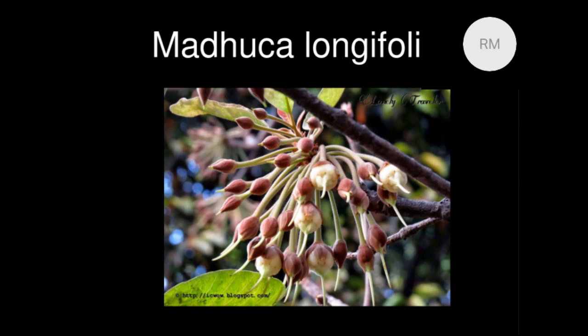And it's a very interesting observation because Dhataki, or Woodfordia, is also used in the treatment of IBS. So you can see how balanced the preparation is because of the choice of this herb.